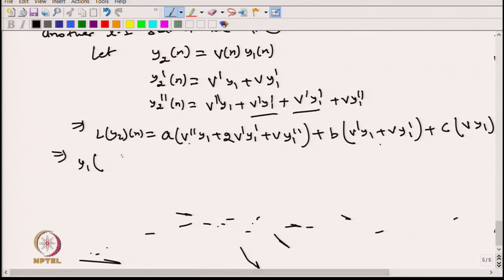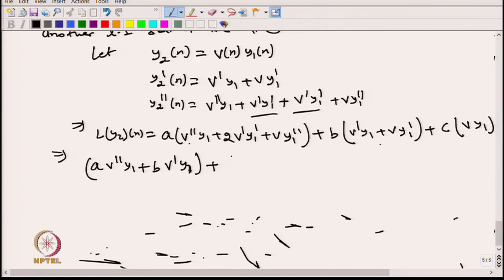So, if I take y1 as common, I will get a v double dash y1 plus b v dash y1 plus 2 times a v dash y1 dash.